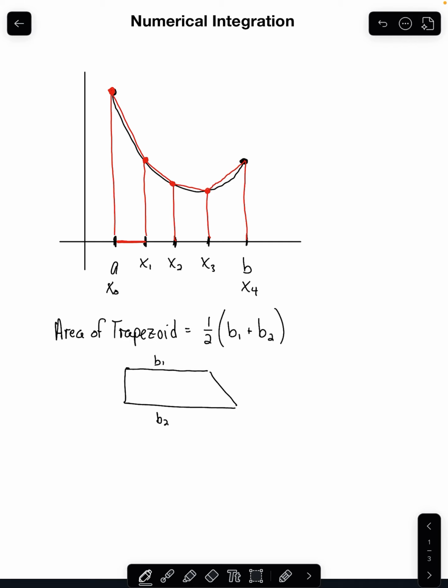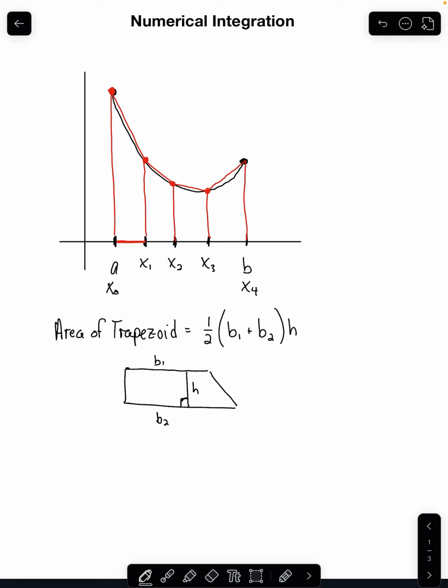So 1/2 times b sub 1 plus b sub 2 is actually the average length of the bases. And then that is going to be multiplied by the height, the distance between those two parallel sides.